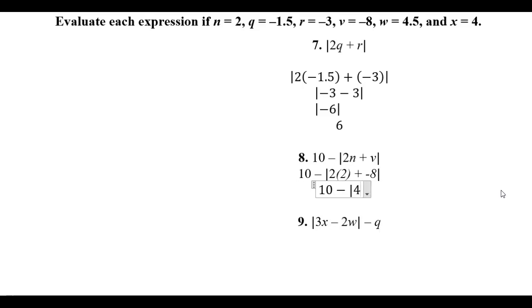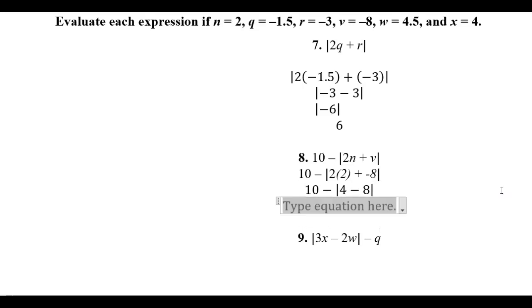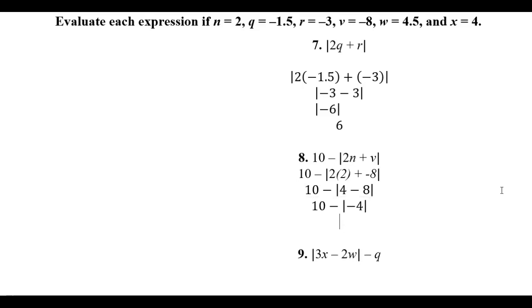A positive negative 8 is really just like a minus 8, so we replace the plus minus with a negative. We keep the 10 minus tagged along and keep simplifying inside our absolute value. So 4 minus 8 is negative 4. Now that our absolute value is down to a single term, we simplify that term. So we get 10 minus the absolute value of negative 4, which is 4. And our last step, 10 minus 4 is 6.